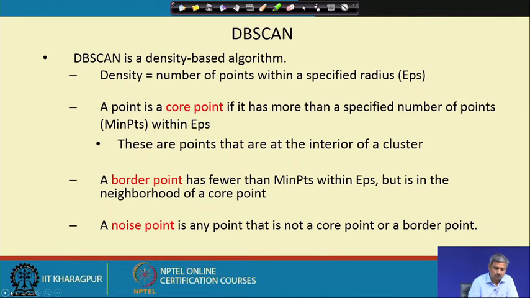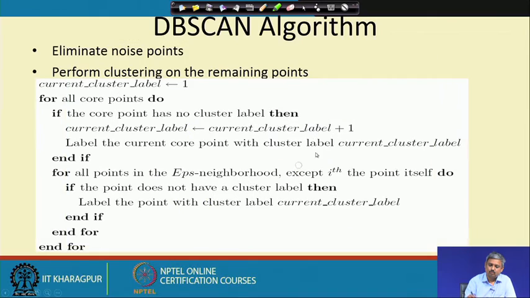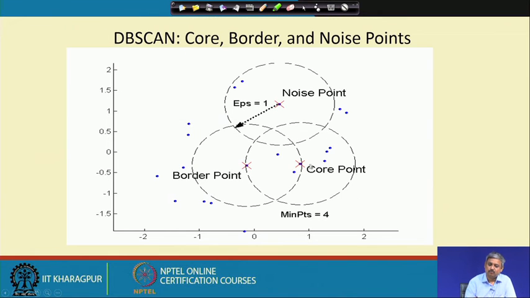So, if we take these blue points and set EPS to be 1 and min PTS to be 4, this is a core point, this is a core point, this is a core point, because if you see there are more than 4 points in the neighborhood.